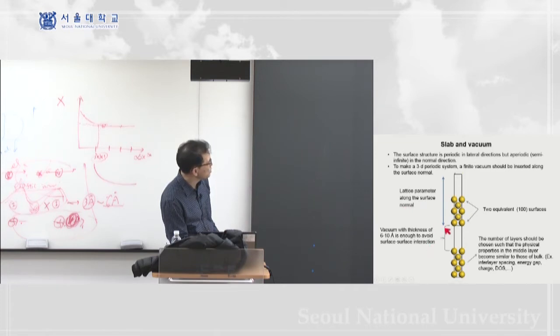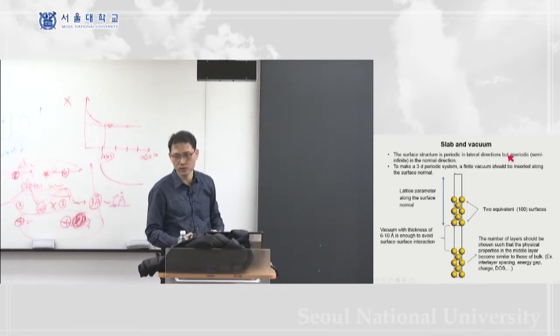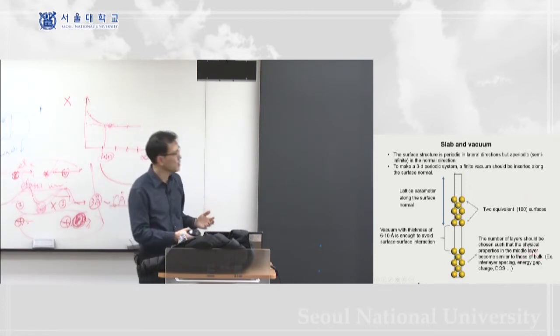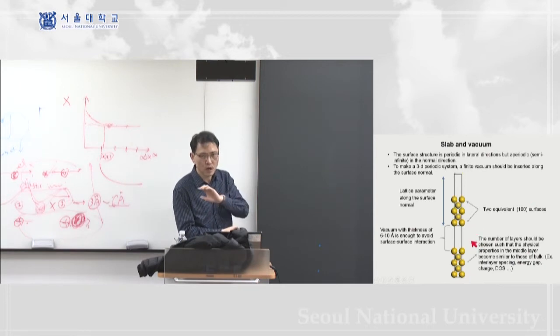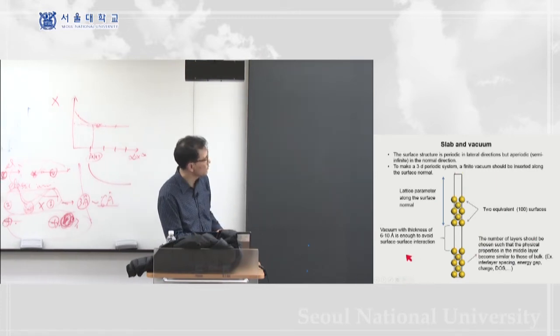Okay, so how can we choose the vacuum length and the thickness of the slab? Ideally, an extremely long vacuum and a very thick slab would correspond to the real material, right? But as I mentioned just before, we always have to cut it and make it as small as possible to make the computation feasible.